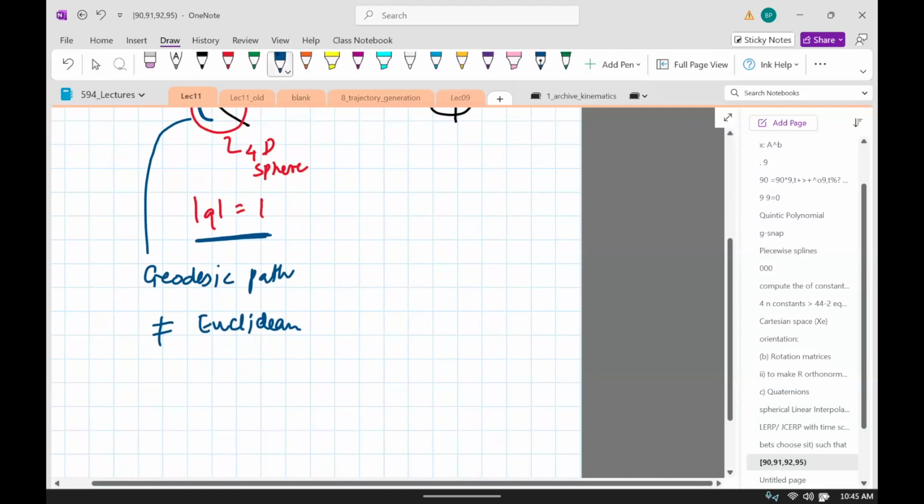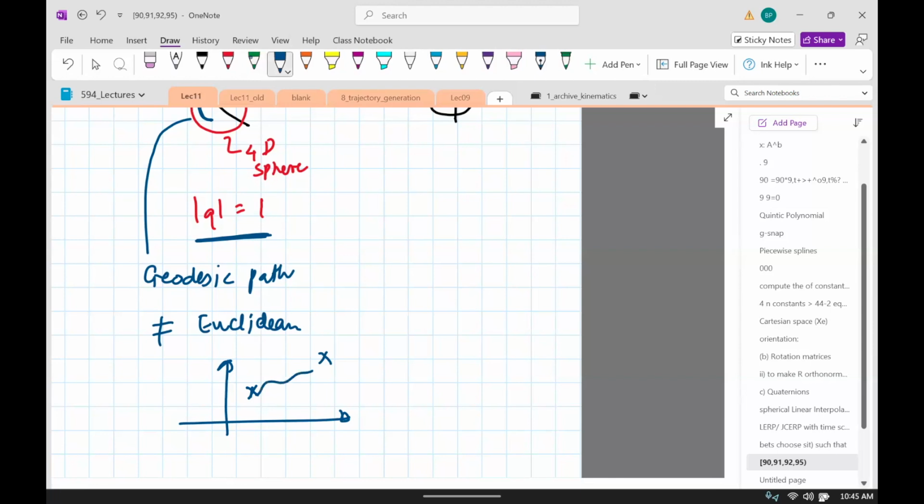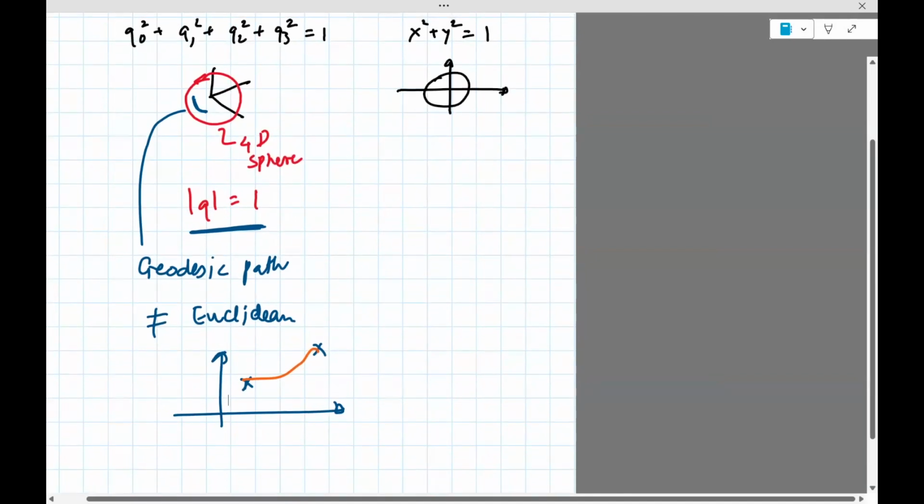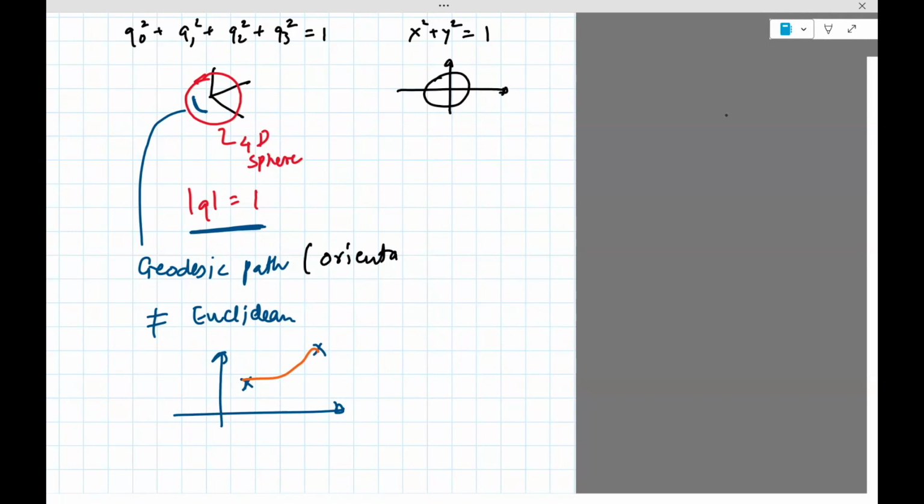In two-dimensional space, when you want to go from point A to point B, you really don't have any constraint. You could just do anything. So we did quintic, fifth order, it doesn't matter. But for something to maintain orientation, there is a certain relation you need to follow, and that orientation should always follow this path.